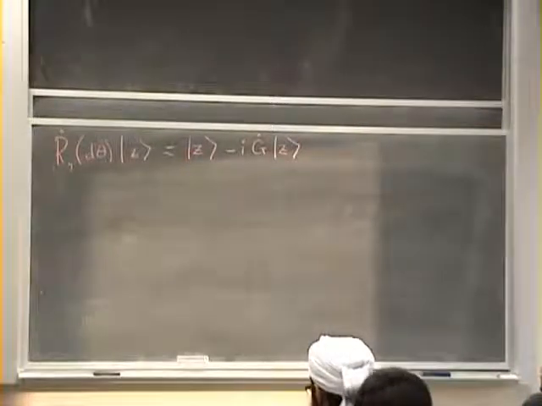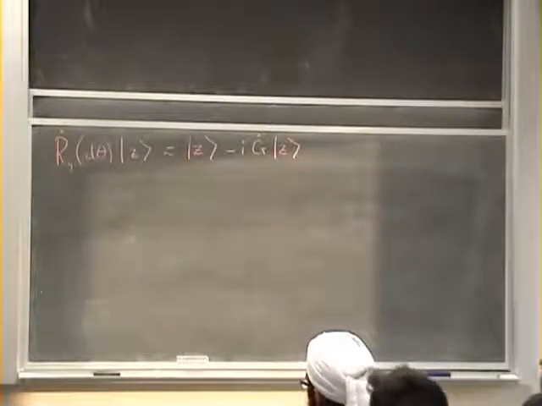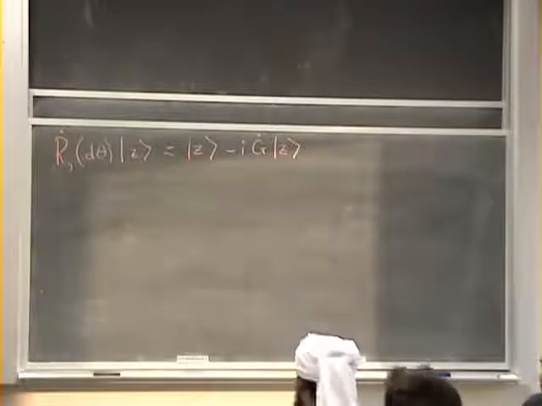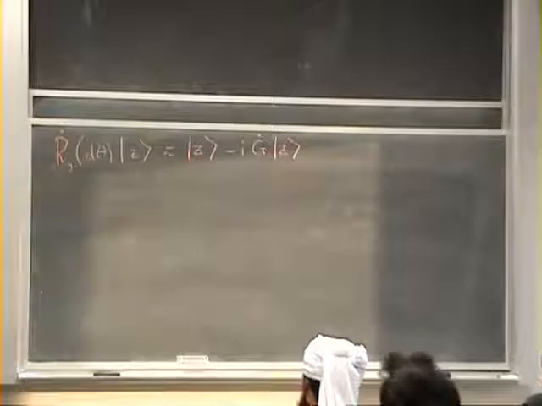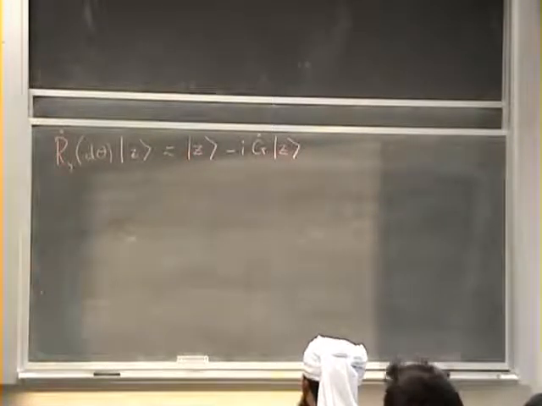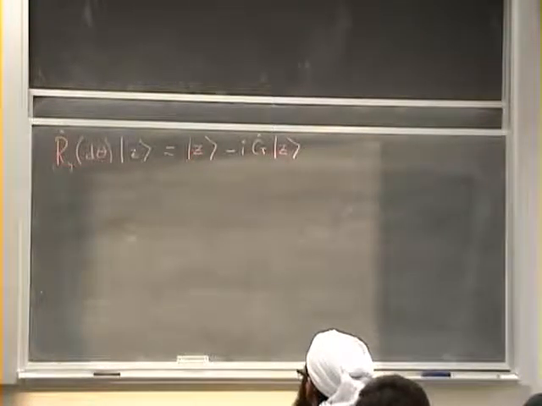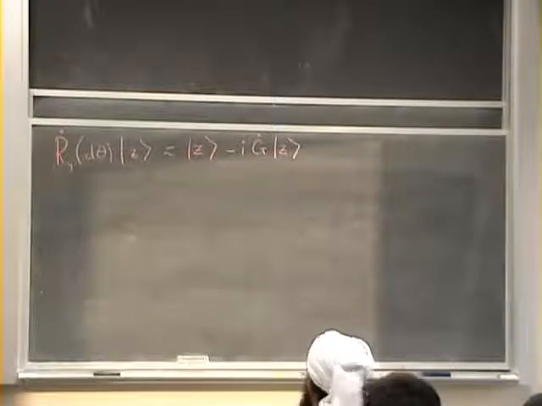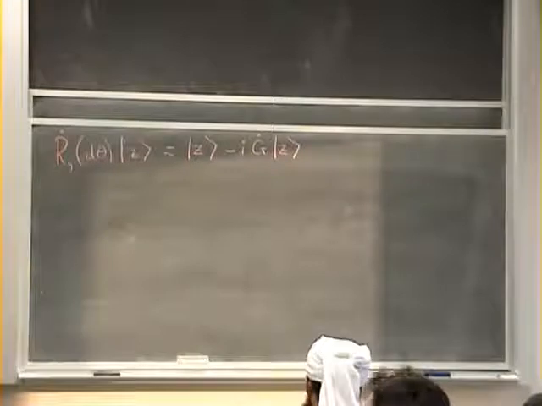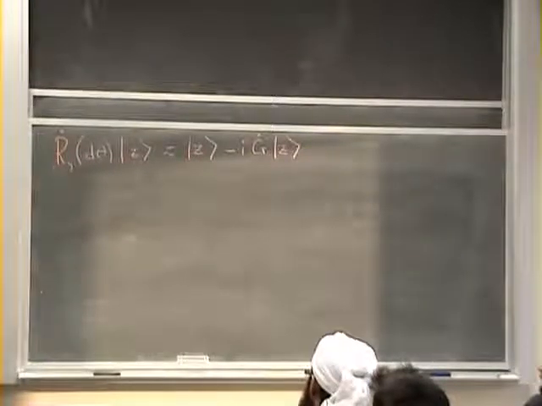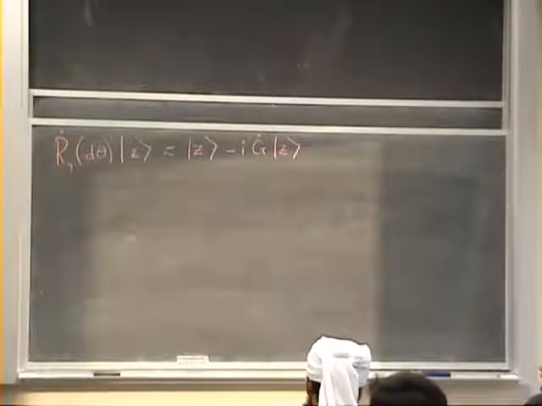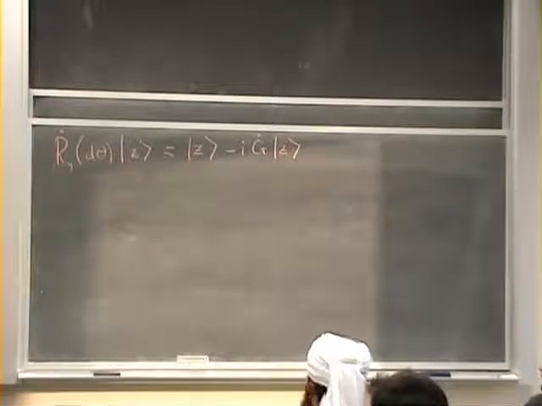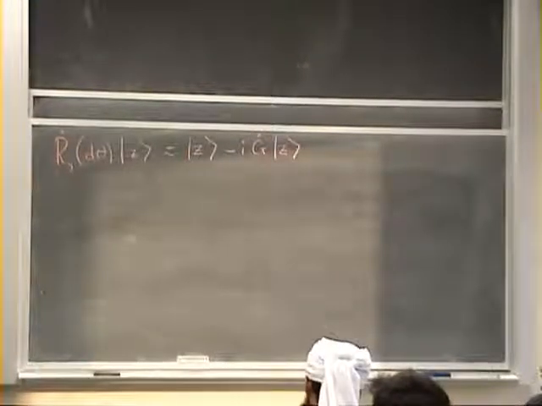G acts on the initial state to give me this. Or I can also write this as G acts on the initial state to give me the orthogonal state with plus iota over 2 d theta. Oh, sorry. This d theta isn't here. This is 1 over 2. I'm sorry, there's no d theta here.